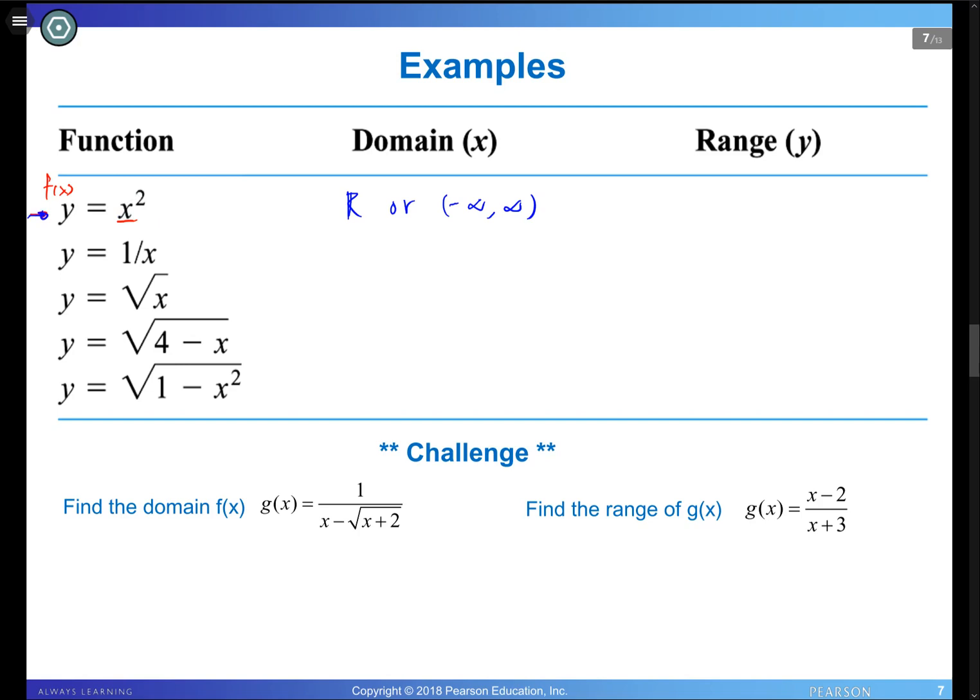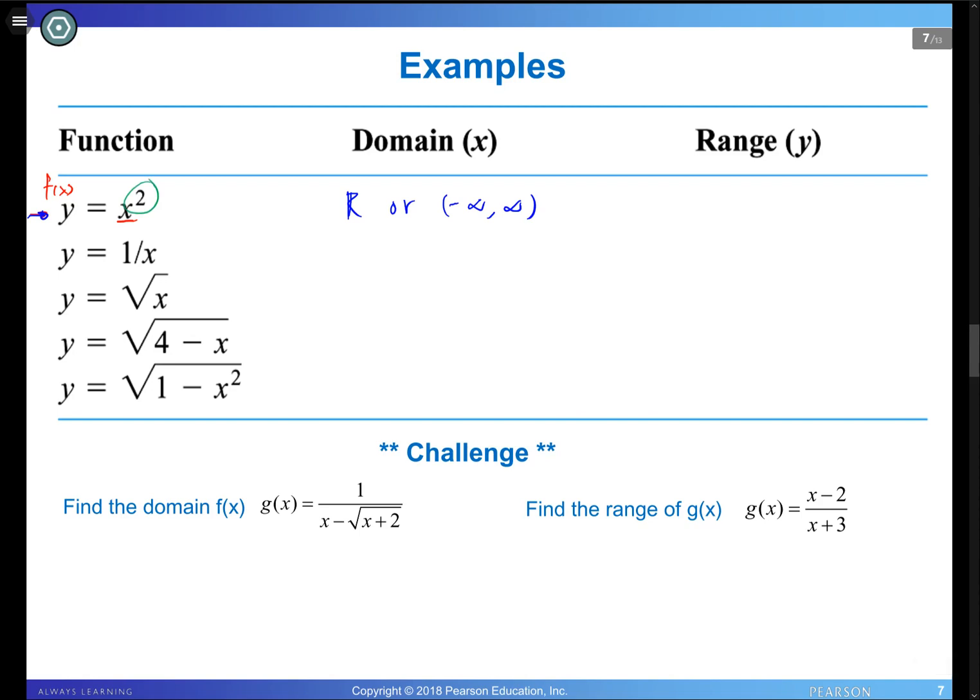Of course, yes, because if x is really small, then y is also really small. Can y be 0? Yes, y can be 0 if x is 0. Can y be negative? Well, it's clear right away that y cannot be negative because we have a square right here. Out of this, everything will become positive.